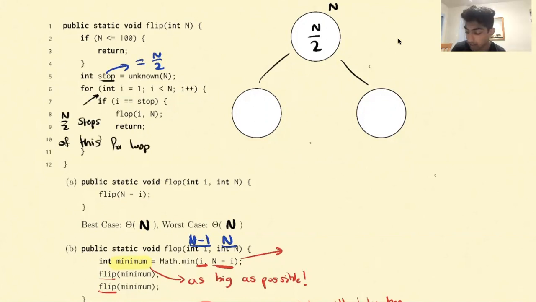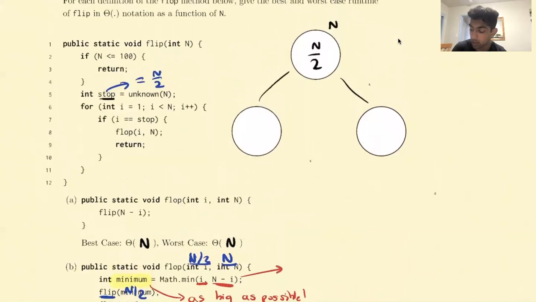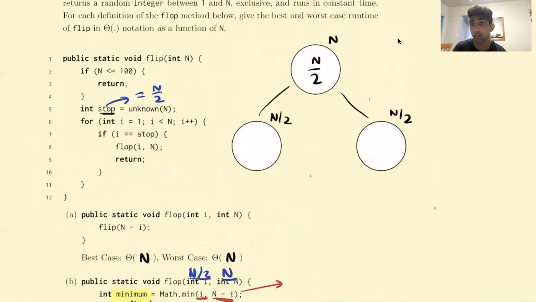With that in mind, let's think about the two recursive calls that will happen. What will happen is we will call flip of n over 2 and flip of n over 2, right? And in the corresponding tree, that looks like flip of n over 2 and flip of n over 2.